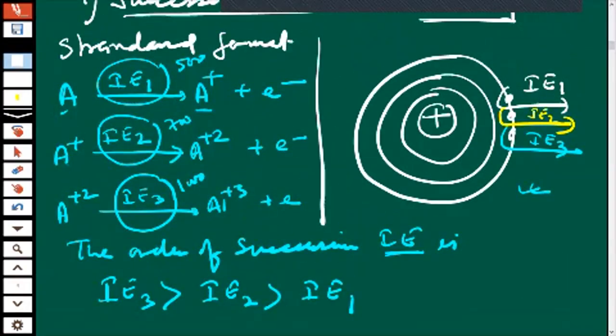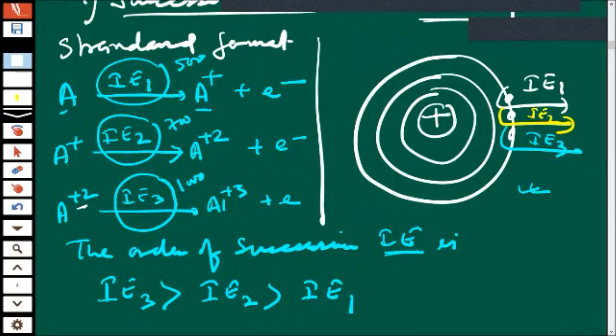The positive charge present on the particle is known as the oxidation state. I told you chemistry has two types of language, normal language and standard language. In normal language it is the charge present on A, and the stylish name is the oxidation state of A. So don't panic.